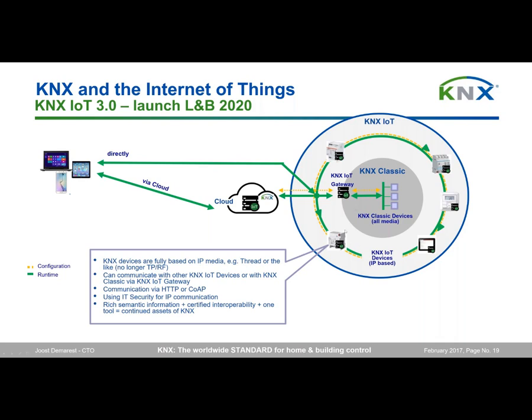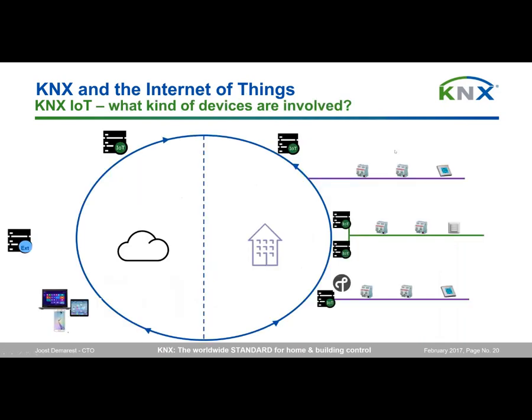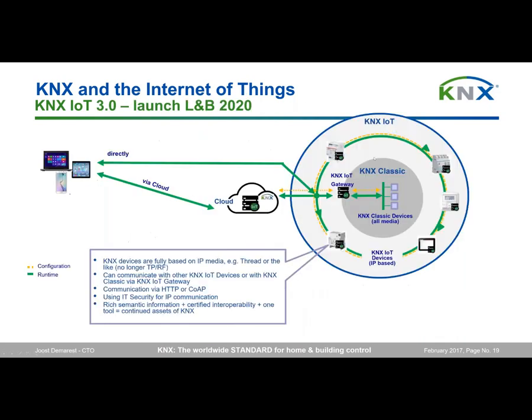The communication between these fully IP-based devices will be based on HTTP or CoAP. They will use IT security for their IP communication, and KNX will also certify this and guarantee interoperability between these different devices.